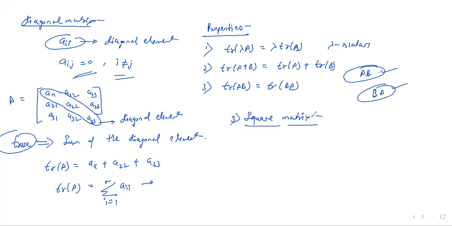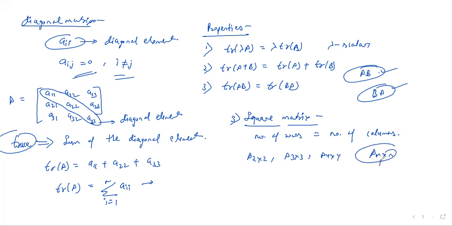We have a square matrix when the number of rows is equal to the number of columns, for example a 2 cross 2, 3 cross 3, or 4 cross 4 matrix. For an m cross n matrix, if m is equal to n, then we say that this is a square matrix.